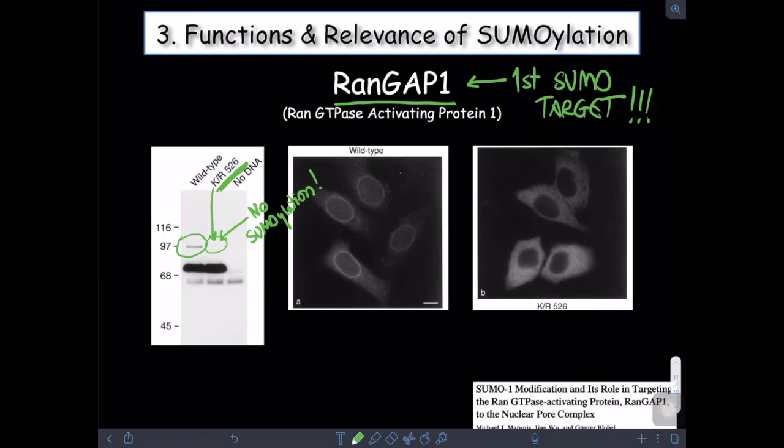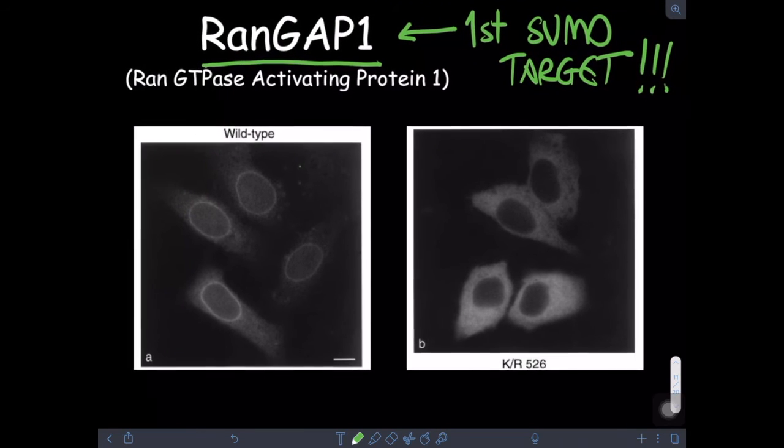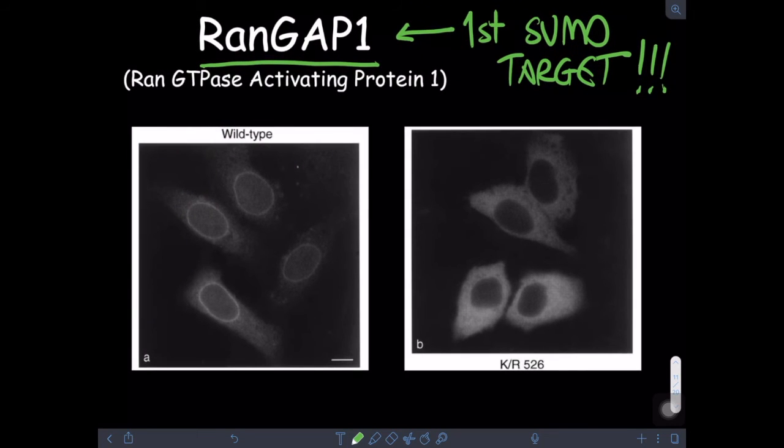Having characterized the specific lysine residue that was involved in SUMOylation of RAN-GAP1, the researchers went on to investigate the cellular localization of both the wild-type protein as well as the mutated form of the protein, the one that was non-SUMOylatable.